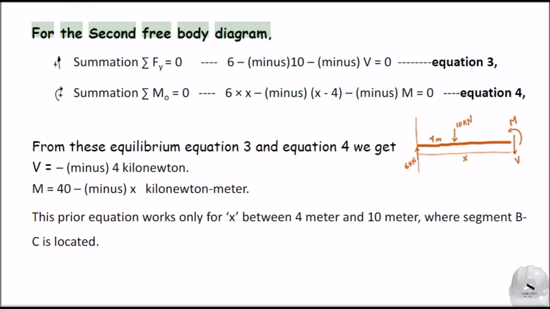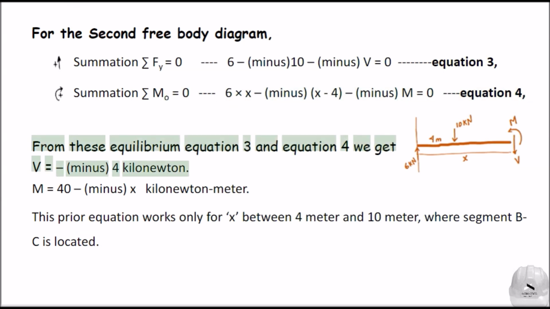For the second free body diagram, summation F Y equals 0: 6 minus 10 minus V equals 0, equation 3. Summation M O equals 0: 6 times x minus 10 times (x minus 4) minus M equals 0, equation 4.